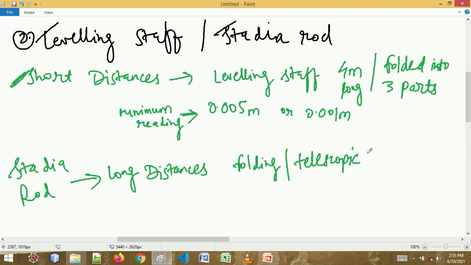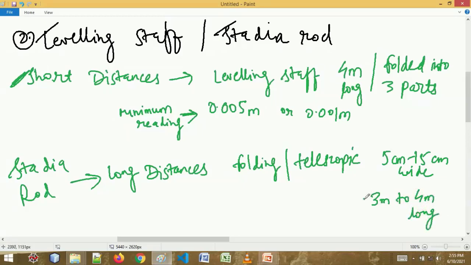It is 5 cm to 15 cm wide, and 3 to 4 meter long.